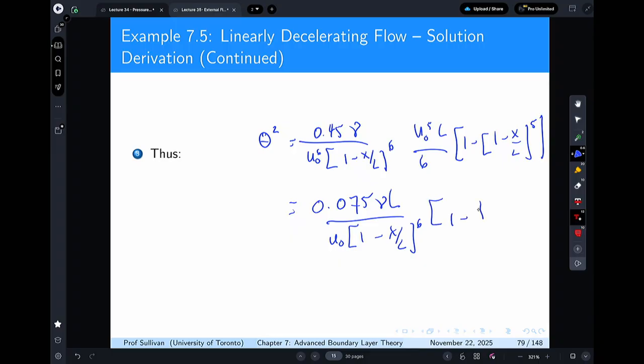Combining all the terms together, you get this. So all you're doing is multiplying everything together, dividing it out, combining terms. It's a lot of the mechanics that you have to go through, but it's not that bad.